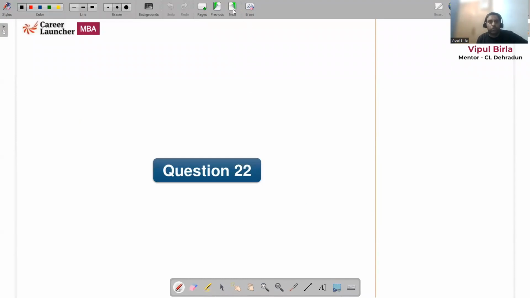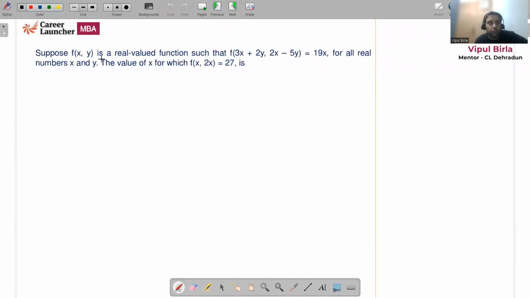Question number 22. Suppose f of x, y is a real valued function such that f of 3x plus 2y comma 2x minus 5y is 19x for all real numbers x, y. The value of x for which f of x comma 2x is 27 is, right? Okay, so it is given that f of 3x plus 2y and 2x minus 5y is equal to 19x.